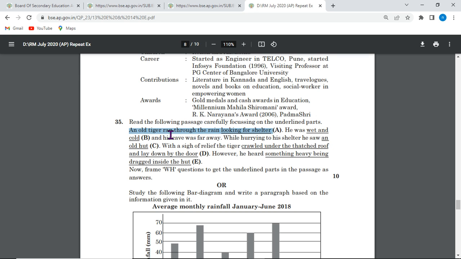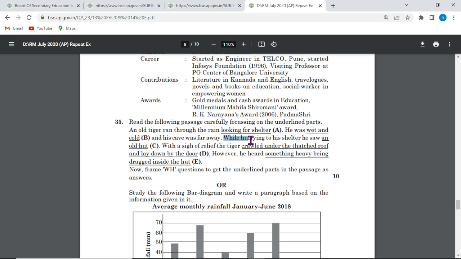So why did it run, getting drenched in the rain? Looking for shelter. What happened to the tiger during the rain, or after the rain. Or what was the condition of an old tiger after the rain, how did he look after the rain. He was wet and cold.